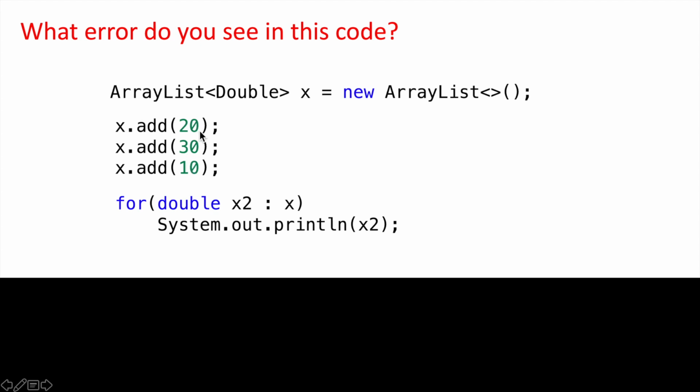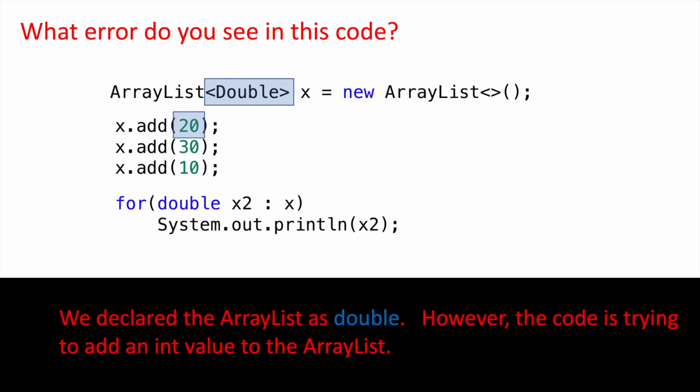Either you add 0.5, 0.6, 0.0, 0.0 here, or you make this one integer, and then that way it will work. So the issue is with the data type. Data type is very important. So that's where it is. So the issue is here that we have an array list of type double, and we're passing to the add method an integer, which will cause a problem.